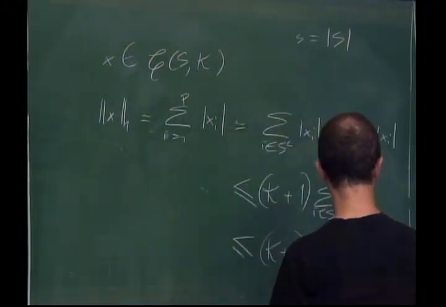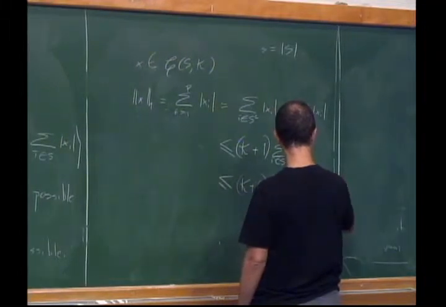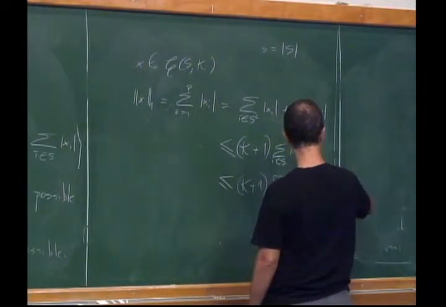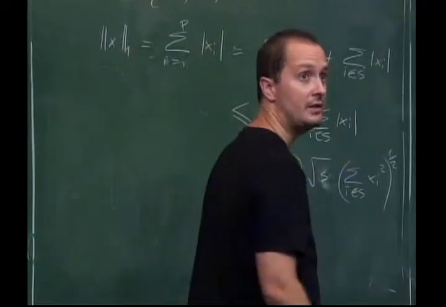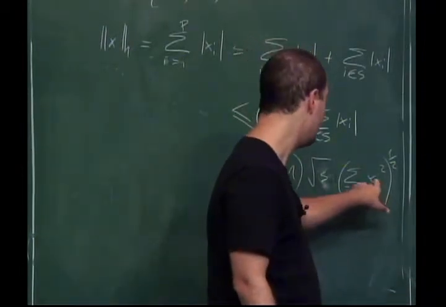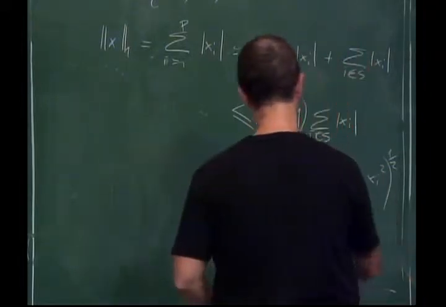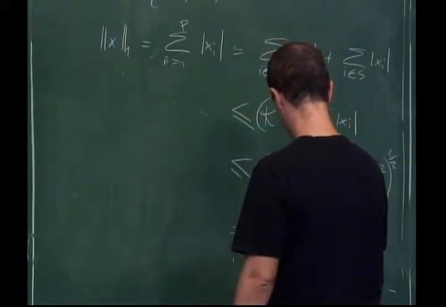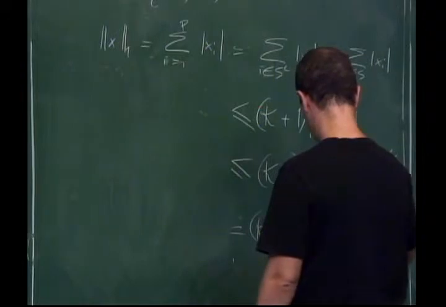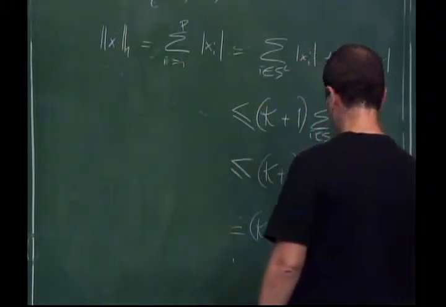And you get the sum over i belonging to S of xi squared, to the 1/2. And this is at most the norm of x, right? You're just taking the norm of the projection of x onto the coordinates in S, but this is less than the norm of x. The L2 norm, I mean.